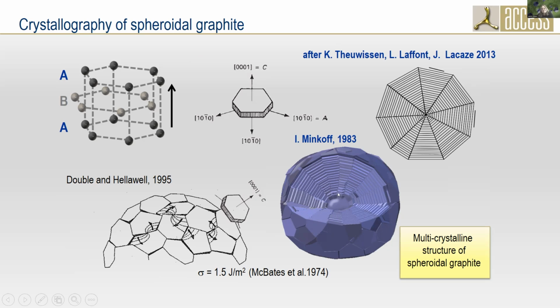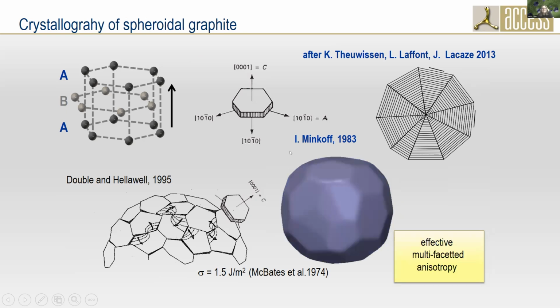Probably the sectors are larger, but what is clear is that we cannot model it in this way. Instead, I simply chose a multifaceted anisotropy function. And we have here many different facets, which are more or less randomly chosen with a certain distance.